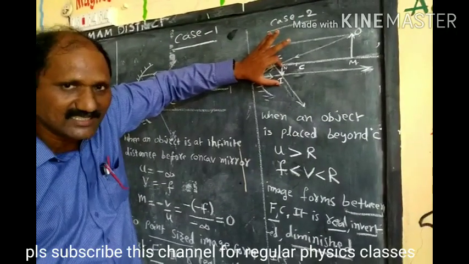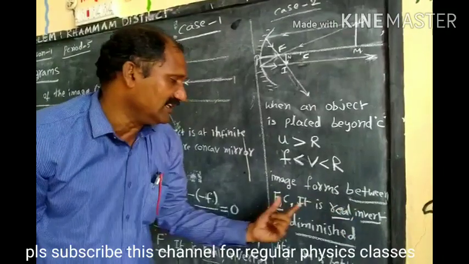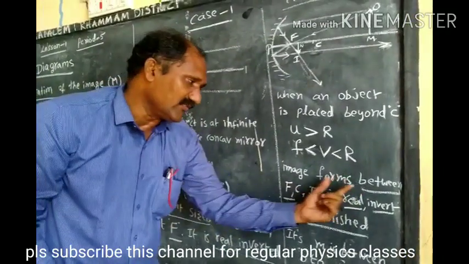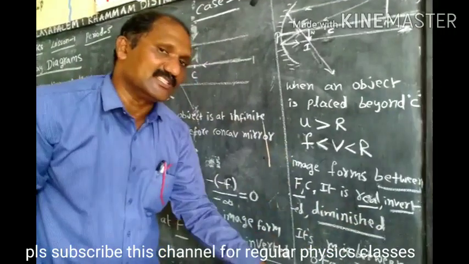Image distance is less means the image forms between F and C. Between F and C, it is real, inverted, diminished.